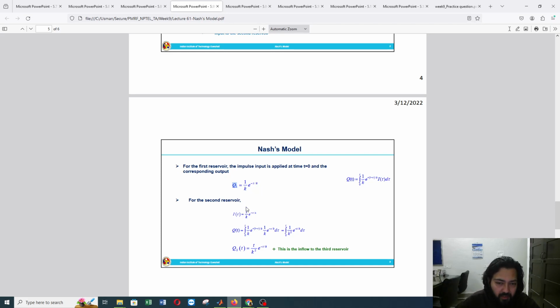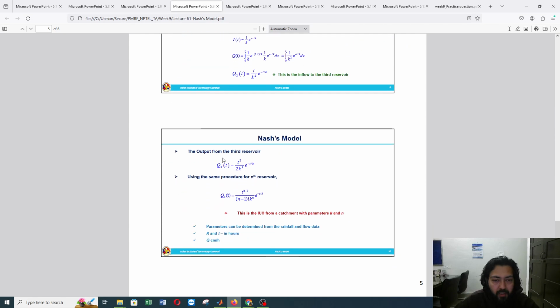So we have taken this Q1 as I(t) for the second reservoir, and again we use this equation of the Nash model to find the output, and we solve this equation. So we get the output of the second linear reservoir as t/K squared e to the power of minus t/K. Now this output of the second reservoir would become the input for the third reservoir, right? So in this way we can calculate till the nth reservoir.